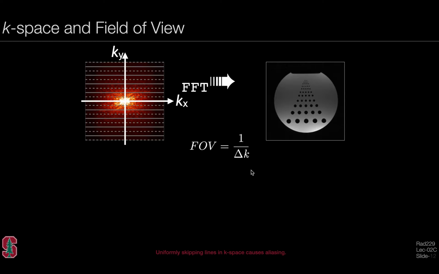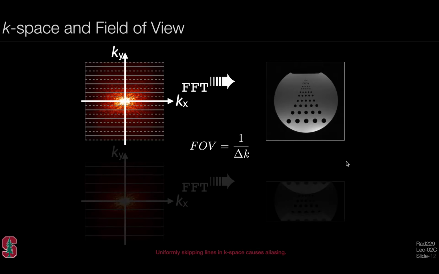Interestingly, and we won't develop it further in this specific lecture, the field of view that we actually acquire is related to 1 over delta k, which is the step size between k lines or k points in our acquired image. And so if we take this as our baseline K-space data, take a 2D Fourier transform, this is the image of the object that we would recover.